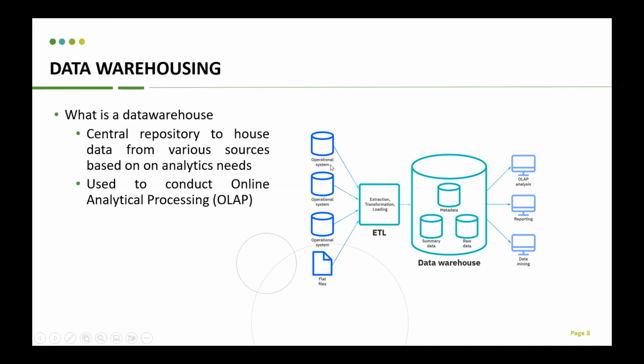Procurement sits on their own, sales sits on their own, production sits on their own, and so forth. So when we do data warehousing, we are consolidating this data in an organized manner. And this is what we call online analytical processing, or better known as OLAP.